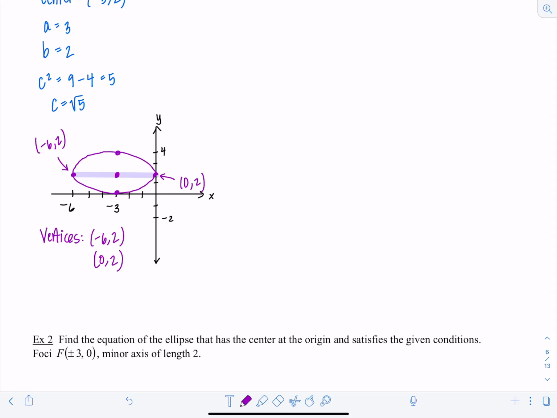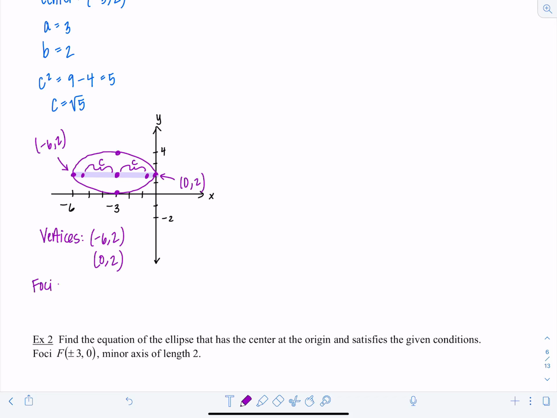Now, what about the foci? Remember, they lie on the major axis as well. C is equal to rad 5, so that's just going to be a wee bit more than 2. So from the center, go a little bit more than 2 to the left, and then a little bit more than 2 to the right. Well, how would I write the coordinates?